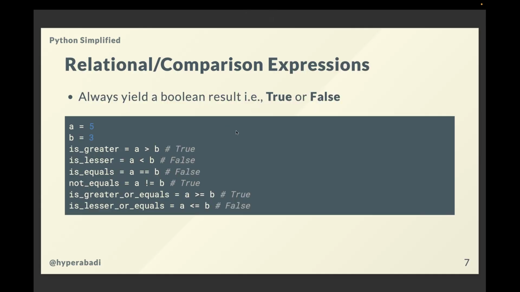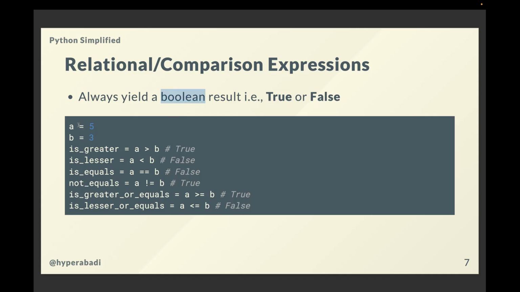So we saw constant expressions, we saw arithmetic expressions. Now let's move over to relational expressions, or comparison expressions. These comparison expressions let you compare two values, and when you are comparing two values, the outcome can be either true or false, also known as a Boolean result.